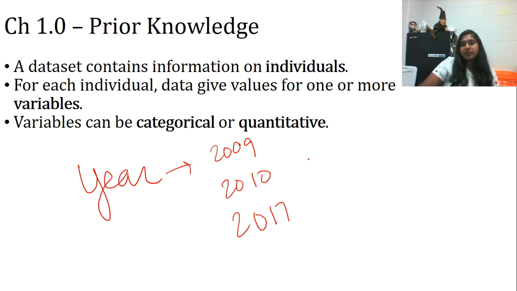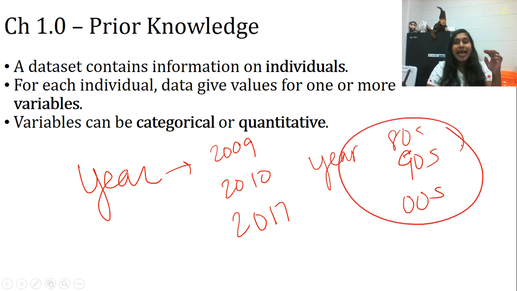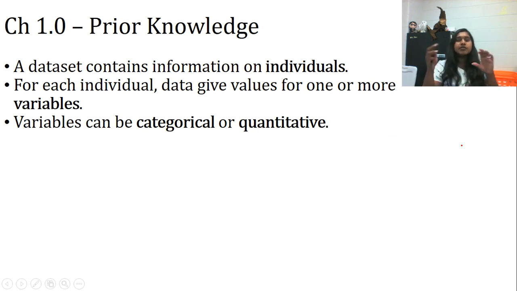But if I say the years are the 80s and the 90s and the 2000s, then this would be categorical data because it's a category. It is a genre of decade, I guess you could say. But let's make sure that we're identifying that. I saw on your week one quiz that quite a few of us interpreted the year as a category instead of actual quantitative data.